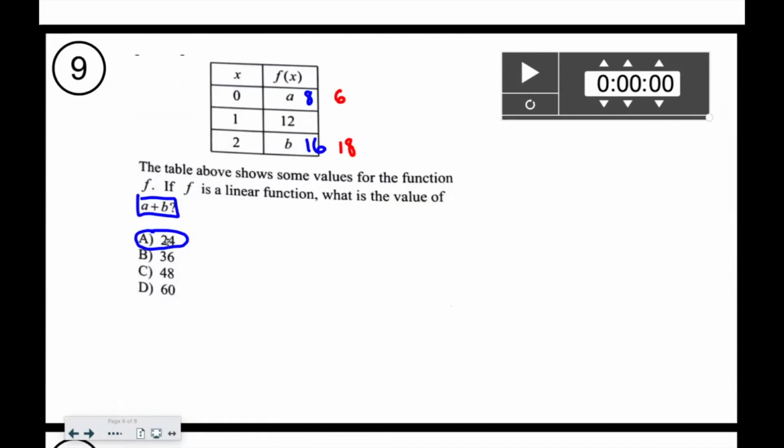So it doesn't matter what values A and B are. They could be different values themselves, but they will always add up to 24. And that one, I would just use the pattern as opposed to trying to use Desmos. To get started, I would just choose a value of A, then figure out what B would be based off of that, and then you've got your answer.